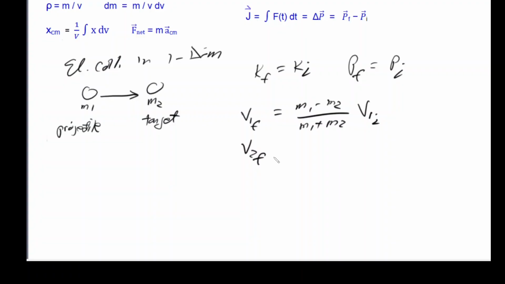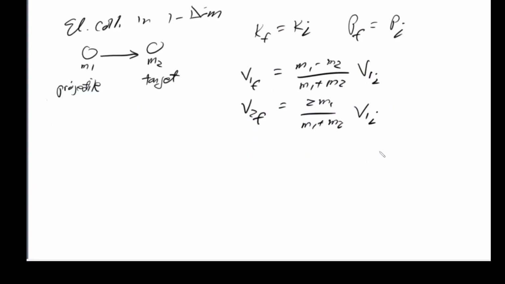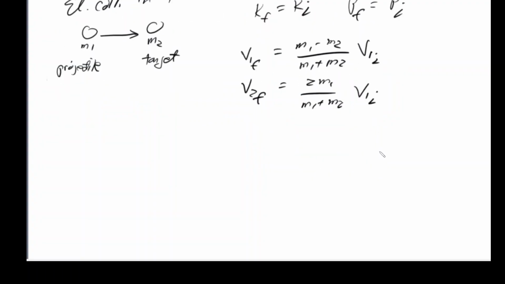And the final velocity of the second mass becomes 2 times mass 1 over the total mass times the initial velocity of the first mass. And you can see how those are derived in your book.